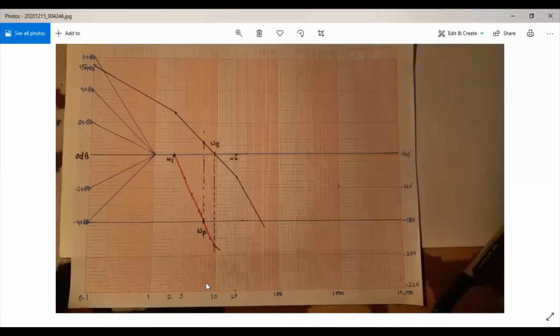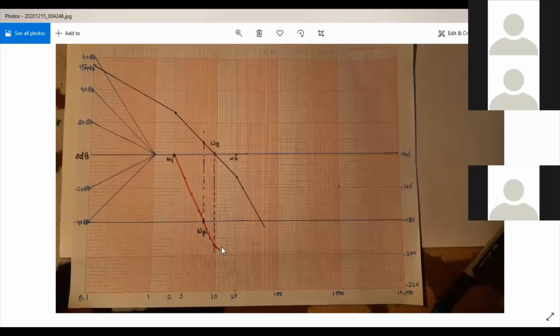So between 6 and 7, it has cut the minus 180 degree line. After that, just 2-3 points are sufficient. Whenever the phase plot cuts the minus 180-degree line, we call it the phase crossover frequency in the Bode plot.